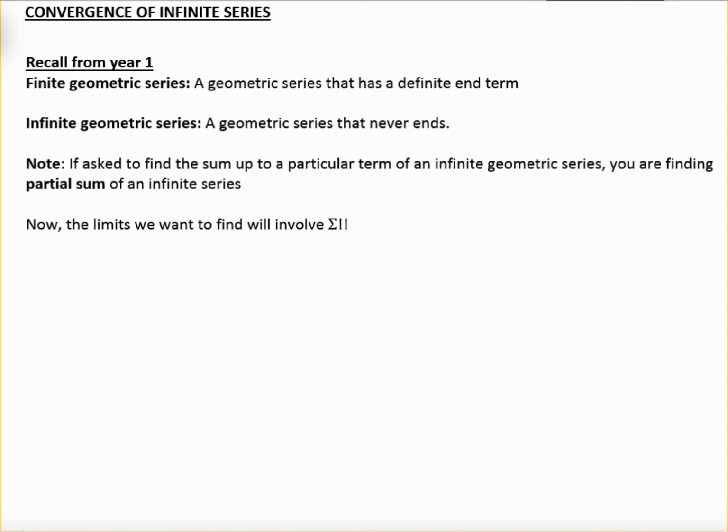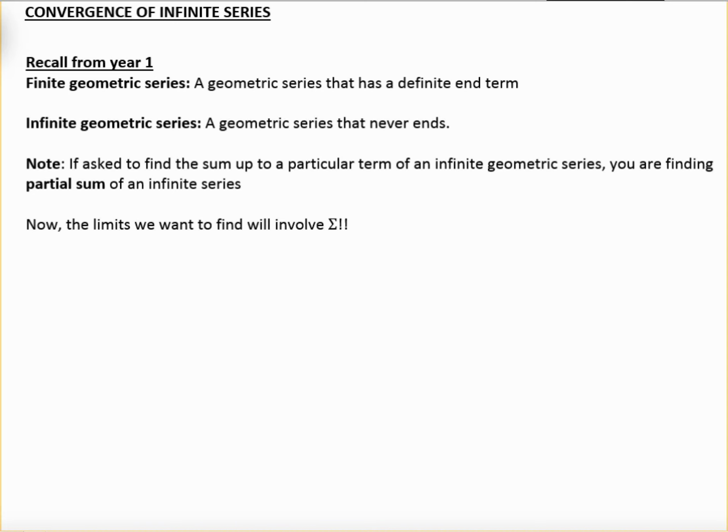If you recall from year one, we talked about finite and infinite geometric series. A geometric series is basically one that has a common ratio that gets multiplied through each time to generate the next term in the sequence.